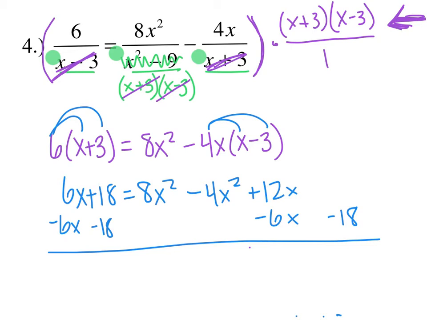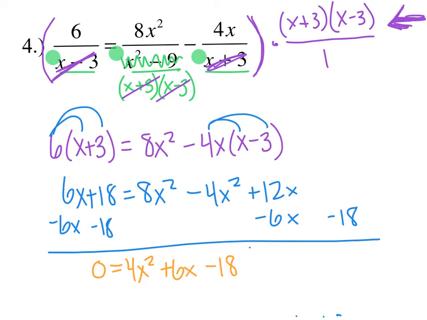So we're going to end up with 0 equals 8x squared minus 4x squared, which gives us 4x squared. And then 12x minus 6x is going to give us 6x, and then that minus 18.